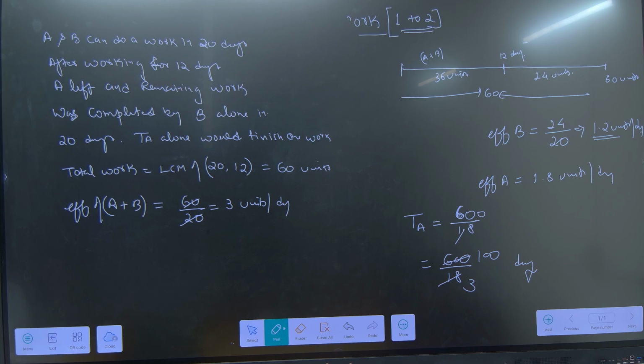So in such cases, someone leaves in between and the remaining work has to be finished. Clear? Now you understood?